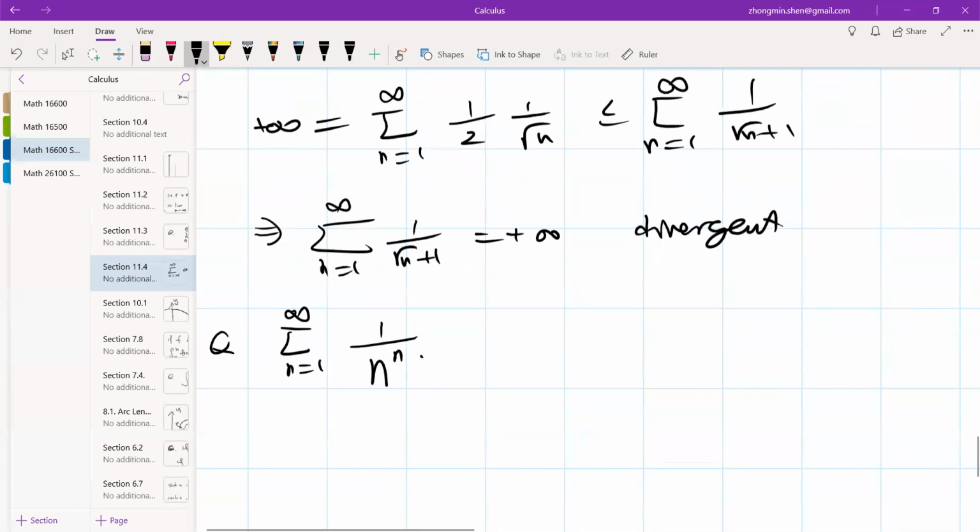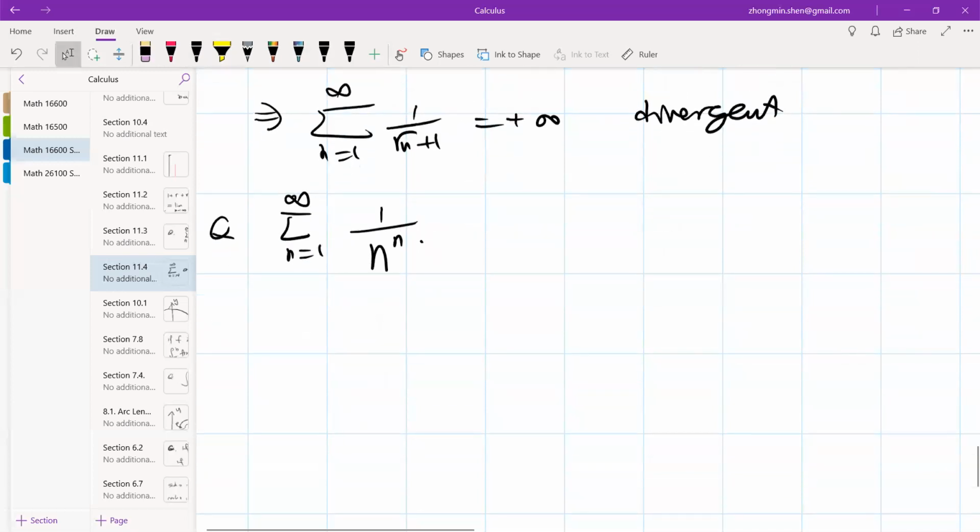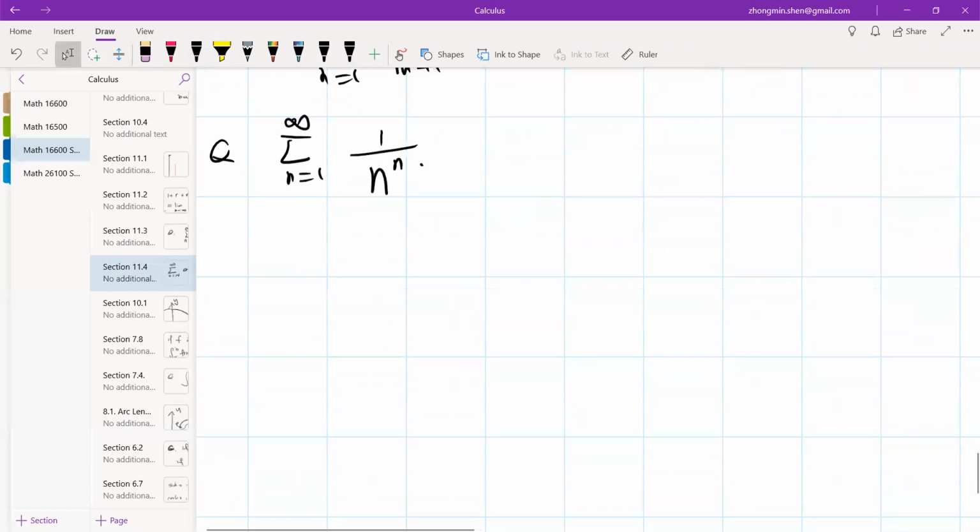Who can tell me, is it divergent or convergent? By the way, who is online?